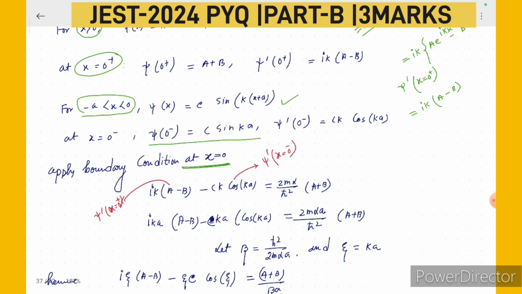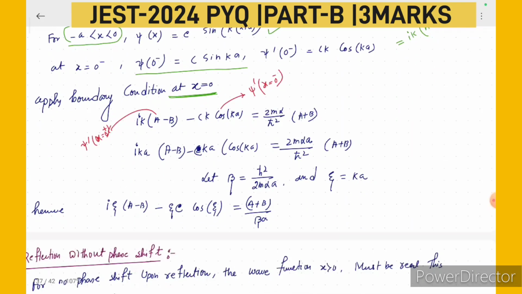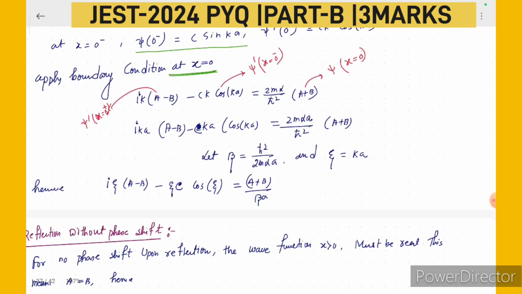So ik(A minus B) minus Ck cos ka equals 2m alpha over h cut squared times (A plus B), and A plus B is nothing but psi at x equals 0.